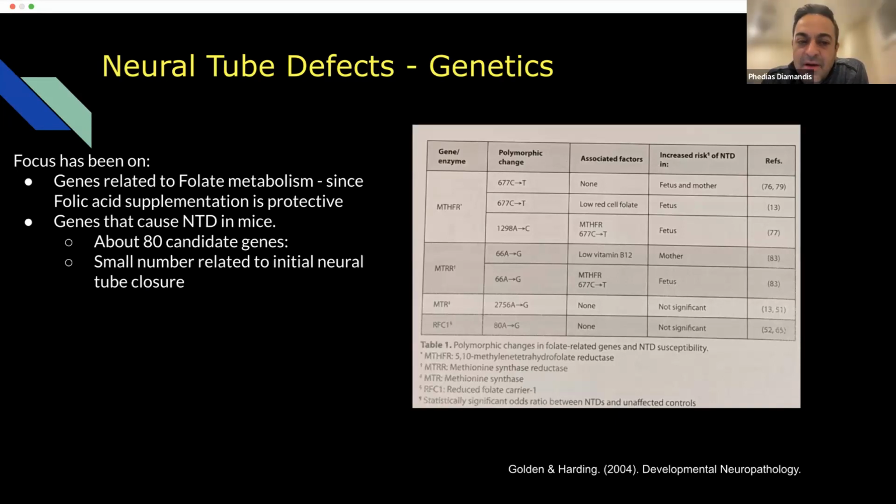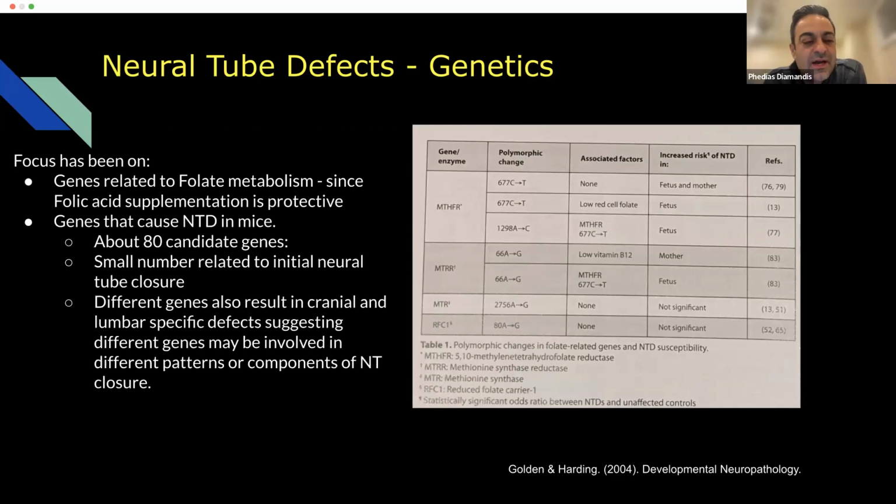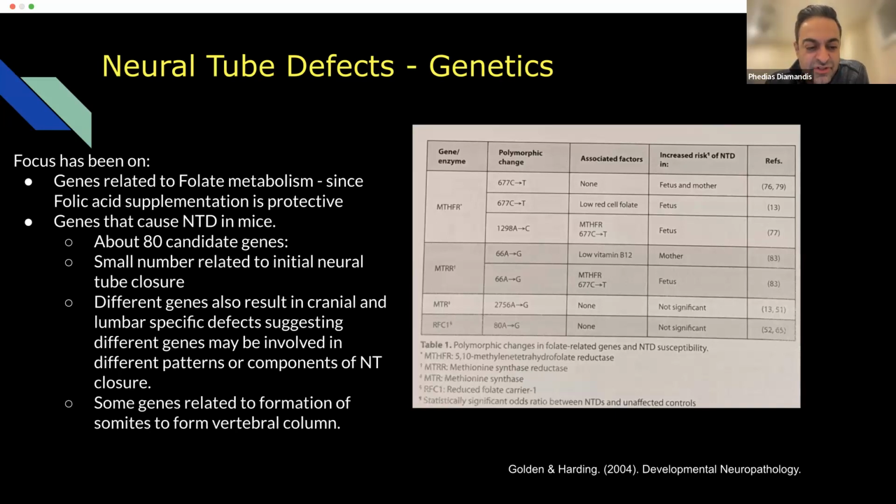A small number appear to be involved in initiation of neural tube closure. Other genes can result in cranial and lumbar specific defects, suggesting that some genes may be more involved in anatomically different locations of neural tube closure, as we saw, and these may drive specific defects in specific genetic backgrounds.